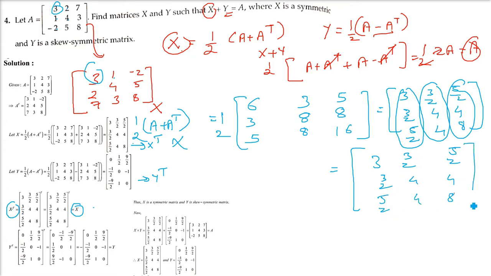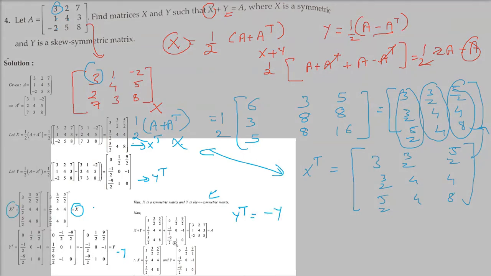Now you see these two matrices are exactly equal. So this X transpose is equal to X. When you take Y transpose, it will be negative of Y. Okay. That is why it is skew symmetric. So you have to show that. But the things are not even done now. We have one more step.